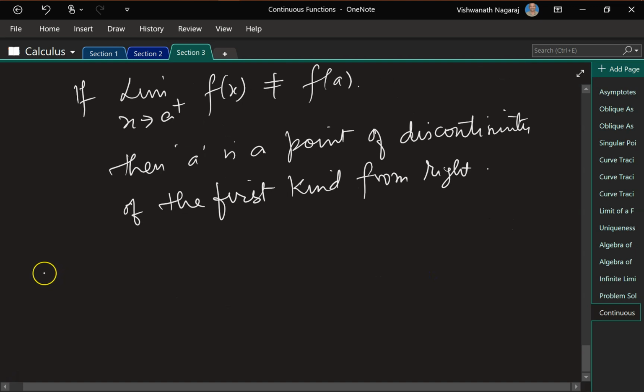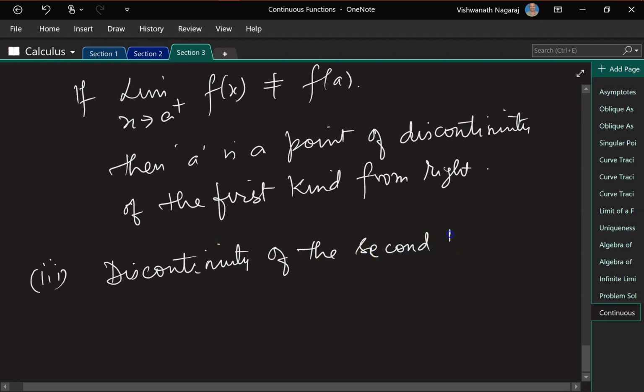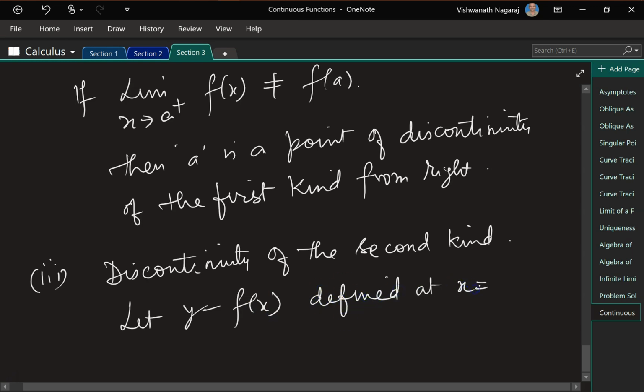And then we have the third type of discontinuity. Very imaginatively, discontinuity of the second type or second kind. Okay, so let y is equal to f of x be defined at x equal to a.